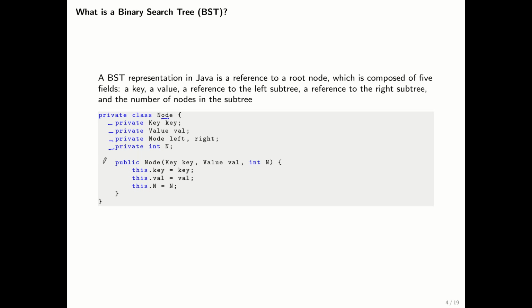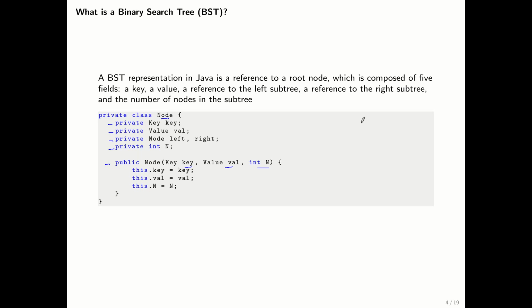Okay, and then here we simply have a constructor that can be used to build a node object given the key, the value, and the number of nodes in the subtree rooted at that node.